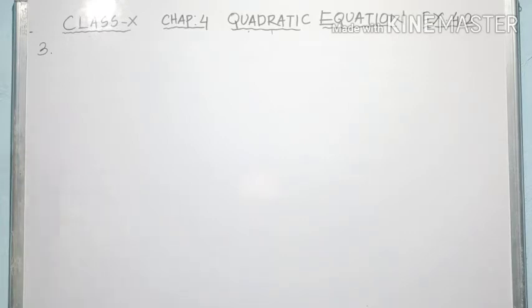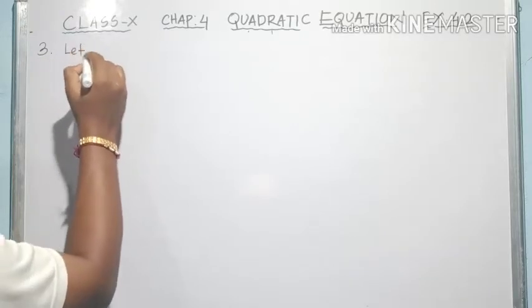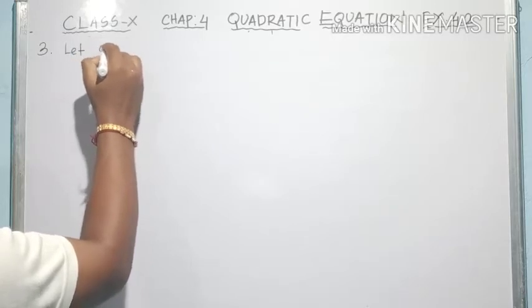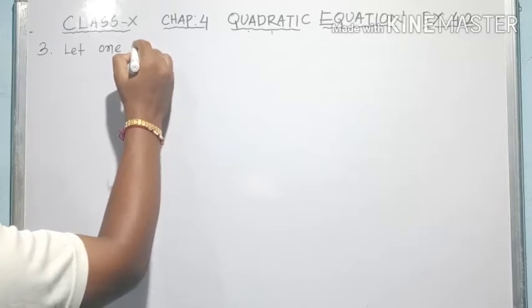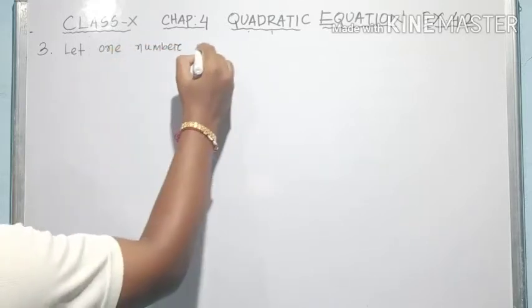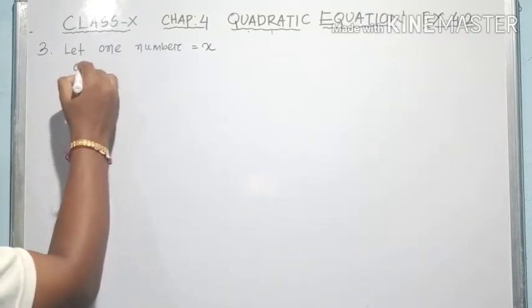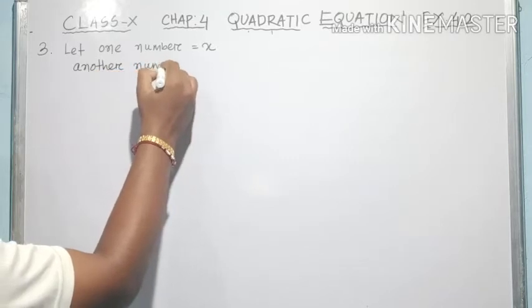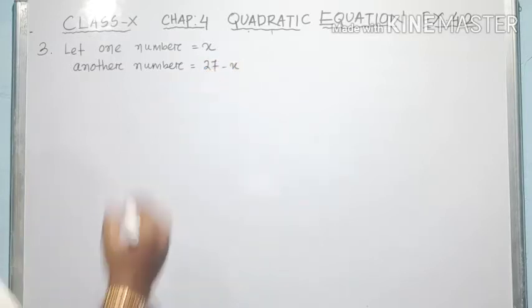So let one number be x, another number will be 27 minus x.